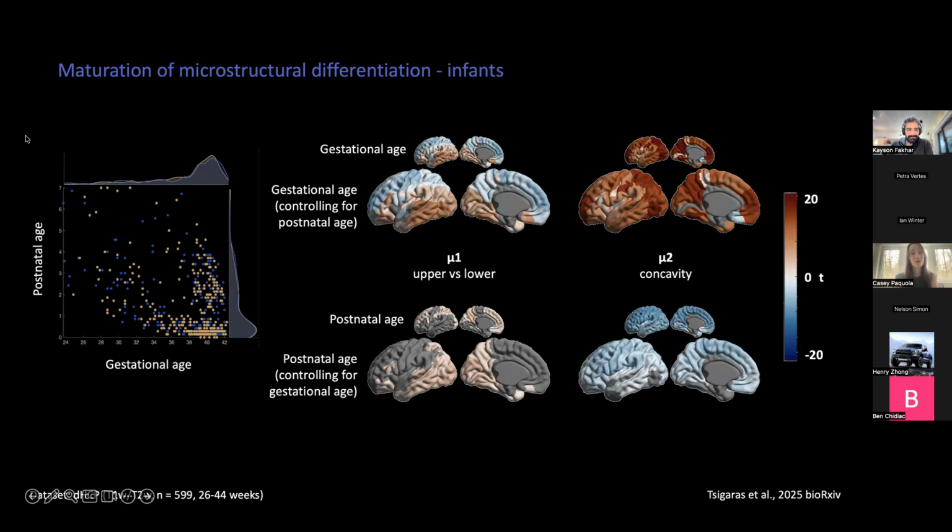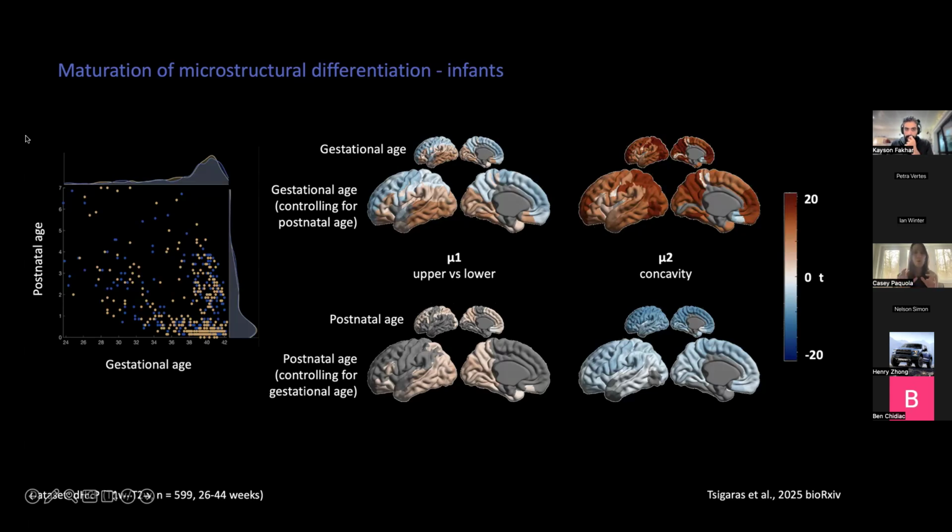This was a challenge as well because obviously the baby cortex is very thin, but we looked at whether we could still look at changes in the cortical profiles based on gestational age, because as you see in this graph on the left, there's a wide range of gestational ages at which the babies were born, ranging from 24 weeks all the way up to full term, kind of 41 week old infants. And also how long after birth they were scanned. There was a range of about 1 to 7 weeks after birth that they were scanned.